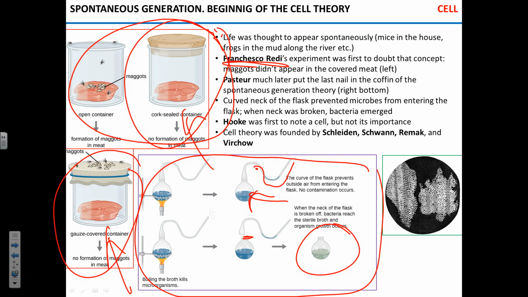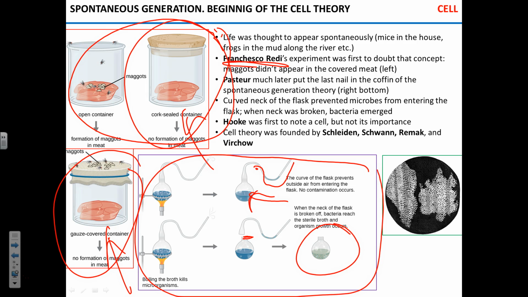Now, we have the privilege to know a lot about cells, and that they are the building block of life. Redi did not know that.